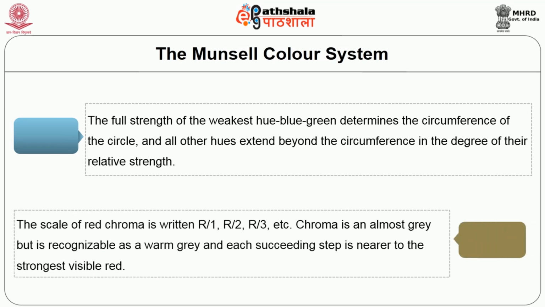The scale of red chroma is written R1, R2, R3, etc. Chroma 1 is an almost grey but is recognizable as a warm grey, and each succeeding step is nearer to the strongest visible red. In the Munsell notation symbols are expressed as follows: hue, value, chroma.